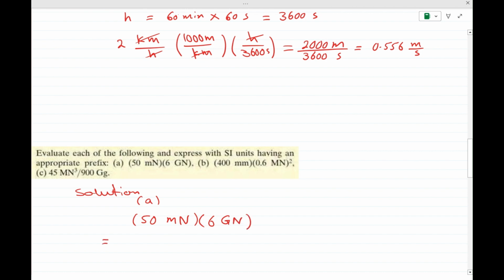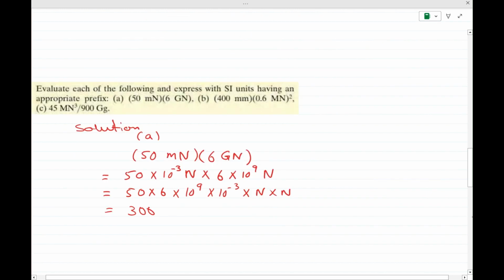That should equal 50 milli, which is 10 to the power negative 3 newton, times 6 giga, which is 10 to the power 6, sorry, it's 10 to the power 9 newton. That is 300 times 10 to the power of 6 newton squared, which is 300 mega newton squared.